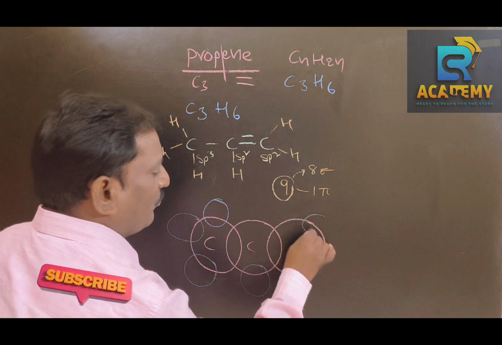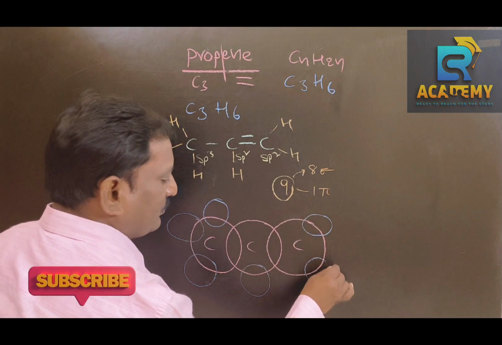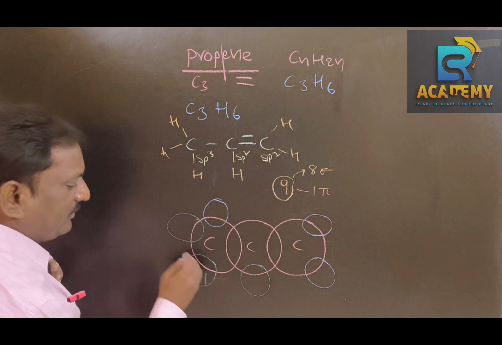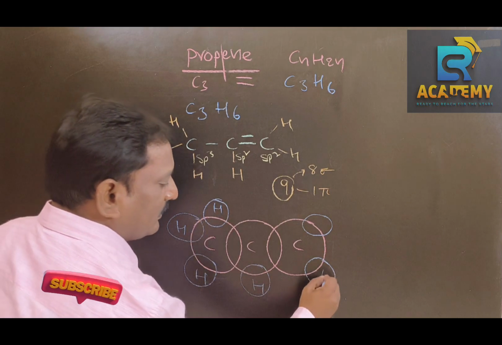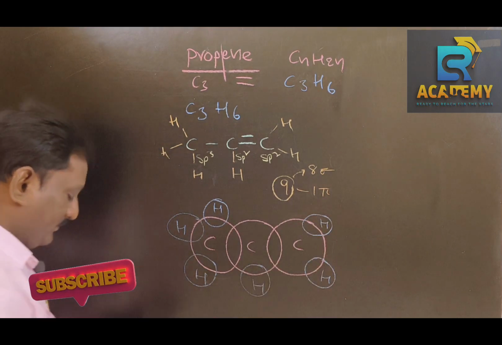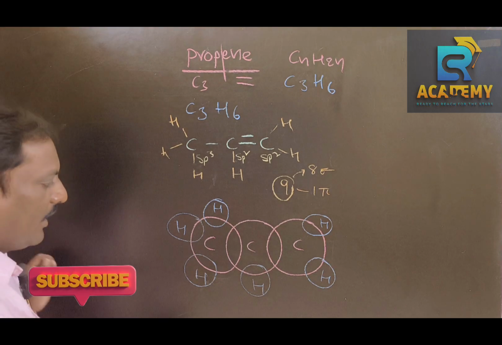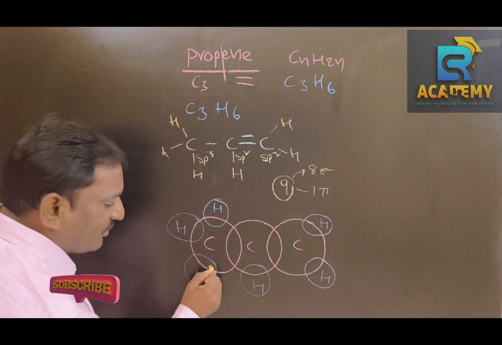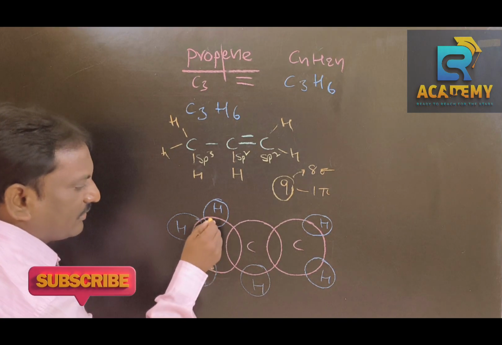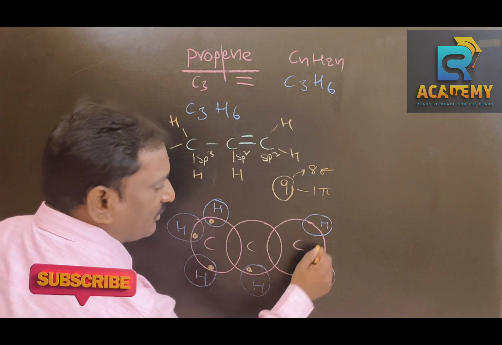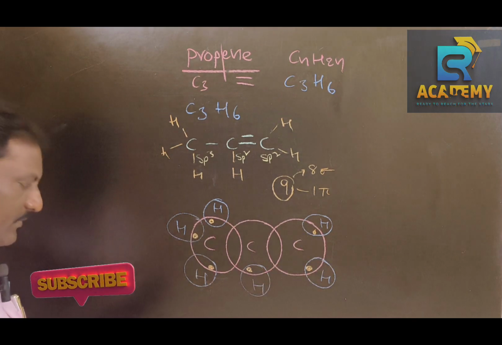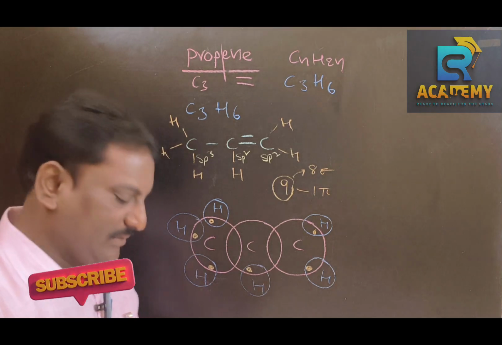This one has 2: 1, 2. Hydrogen, hydrogen, hydrogen, hydrogen, hydrogen, hydrogen. Hydrogen Lewis dot structure: H dot, six times. Are you following, my dears?